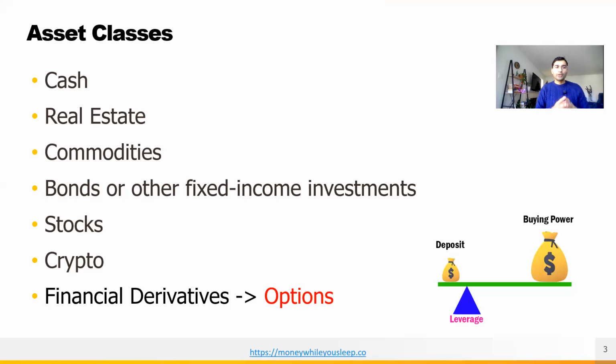Before we jump into options, we will have to understand the different asset classes where we can find avenues to make money. First is cash, which is straightforward. Second is real estate, also straightforward, where people can make money by buying or selling.